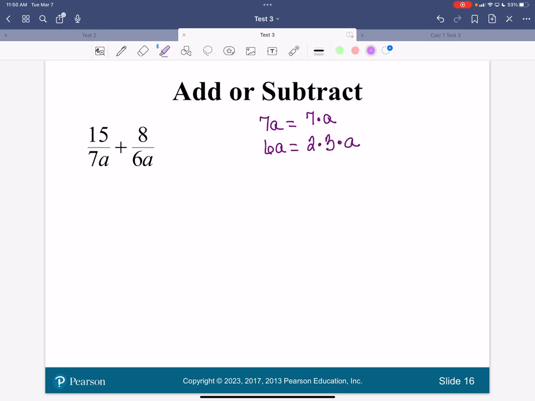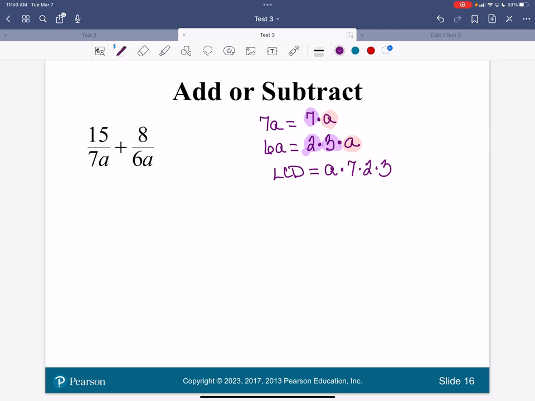What is common to both of these? A. So I am going to write the a down one time because it's common to both of those. So I'm going to have my a. What's left over? 7, 2, and 3. So I have to include all of those because everything has to be represented. Okay? So now my LCD is 7 times 2 times 3 times a.